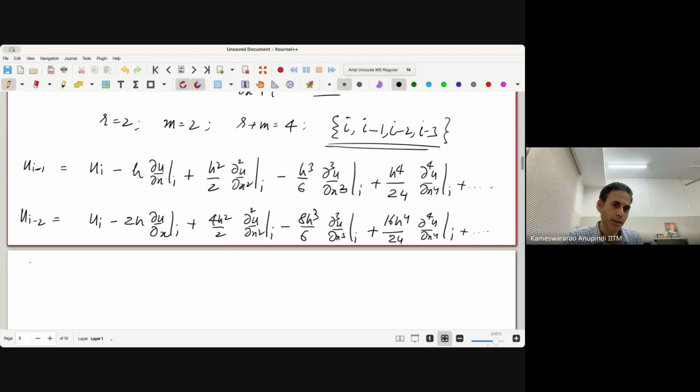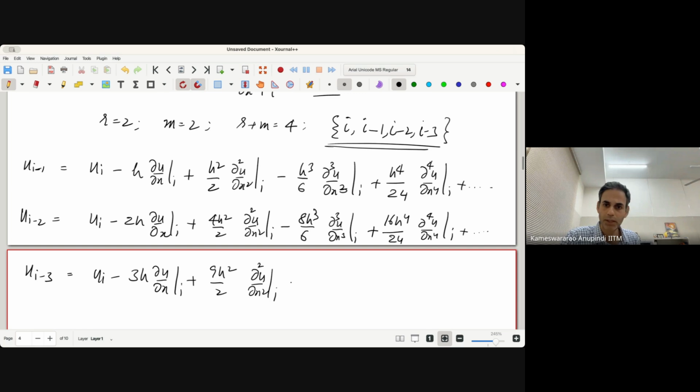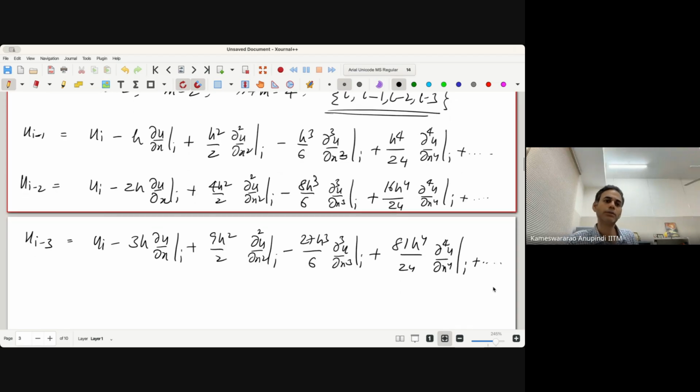Then u at i minus 3 would be u_i minus 3h ∂u/∂x at i plus 9h²/2 ∂²u/∂x² at i minus 27h³/6 ∂³u/∂x³ at i plus 3 to the power 4, that is 81h⁴/24 ∂⁴u/∂x⁴ at i, and so on. So we have all these points.